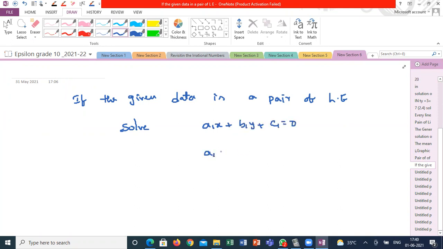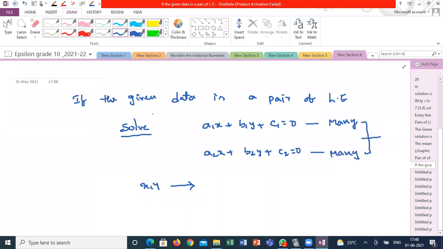The second equation is a2x plus b2y plus c2 is 0. The common variables are x comma y. Solving means I have to find it. I have many solutions for the first equation, and the second equation also has many solutions. But if I consider both together as a single system, these two equations represent a single system.